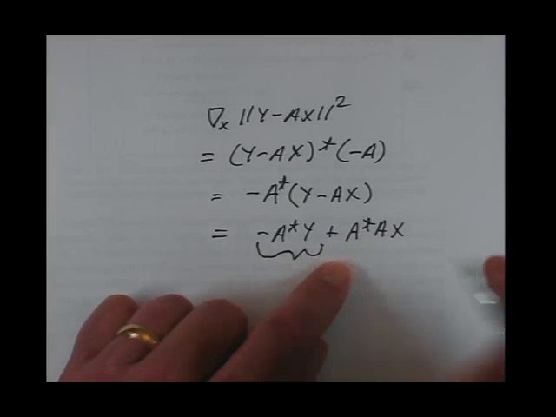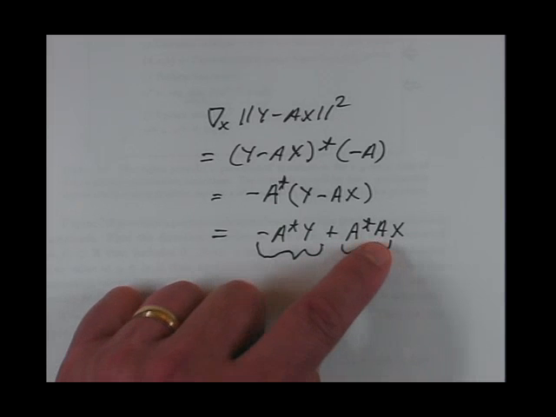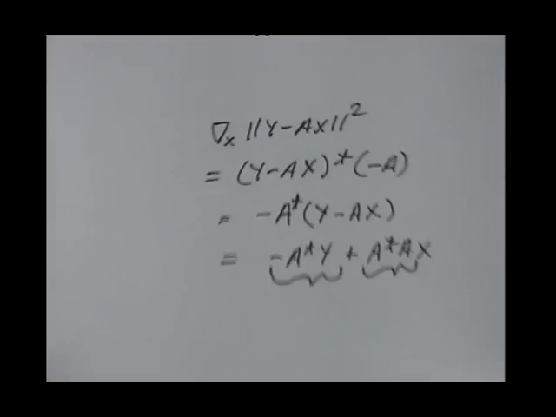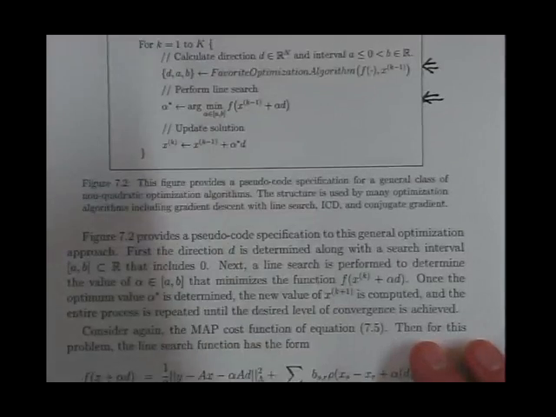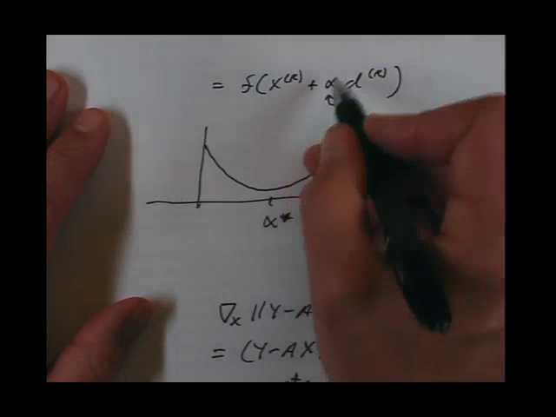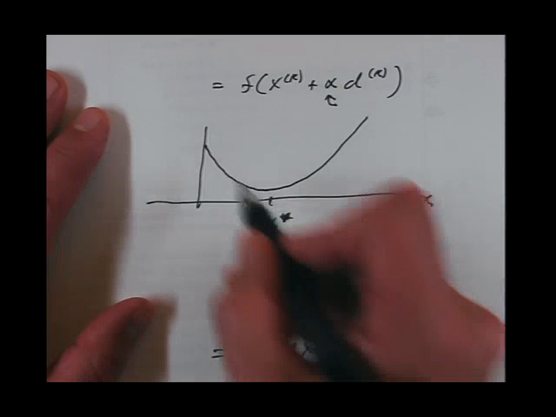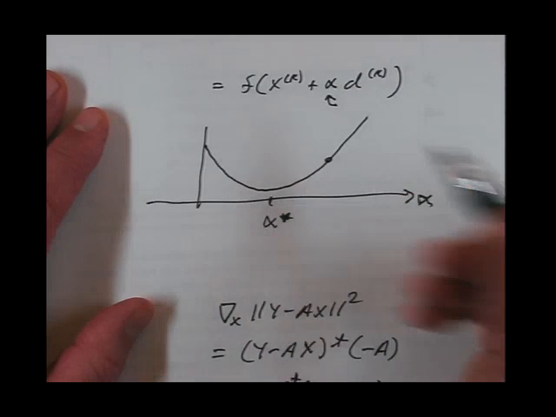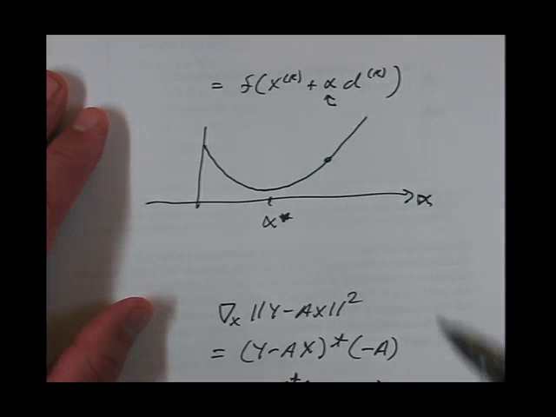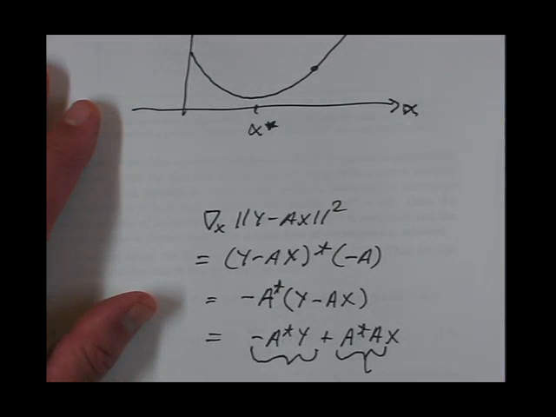So typically, calculating the gradient requires that you multiply by a twice. My point is that if you're trying to compute this function along this curve for alpha, if you want to find the minimum of this curve, every evaluation of that function on the curve can be about the same complexity as it takes to compute the gradient.